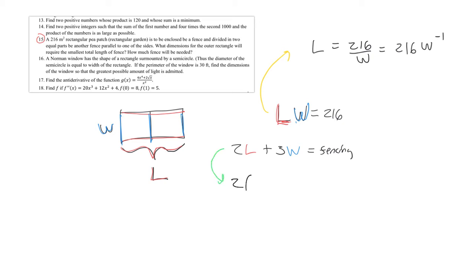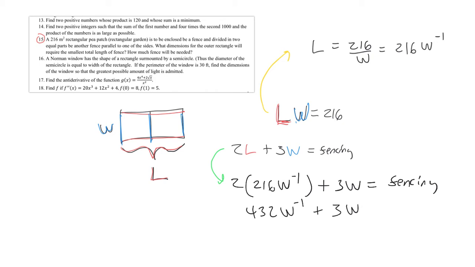It's going to be 2 times that, 216 W to the negative 1 plus 3W, and that equals the fencing. I say we simplify that a bit more. 2 times 216 is 432, W to the negative 1 plus 3W, and that equals the fencing.